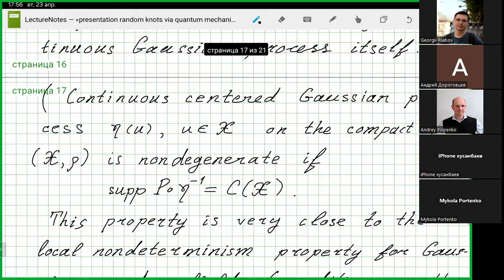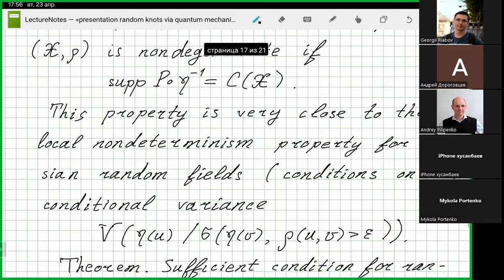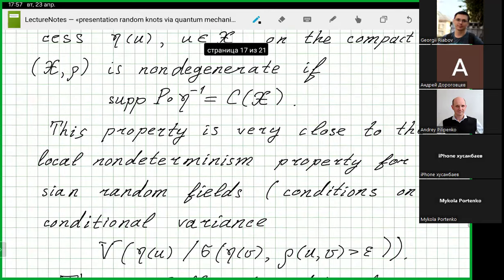This property is very close to the local non-deterministic property for Gaussian random fields. Because what is one of the possible formulations of local non-determinism? This is a condition on the conditional variance of the Gaussian process at the point u, when we know everything outside of a small neighborhood of this parameter.